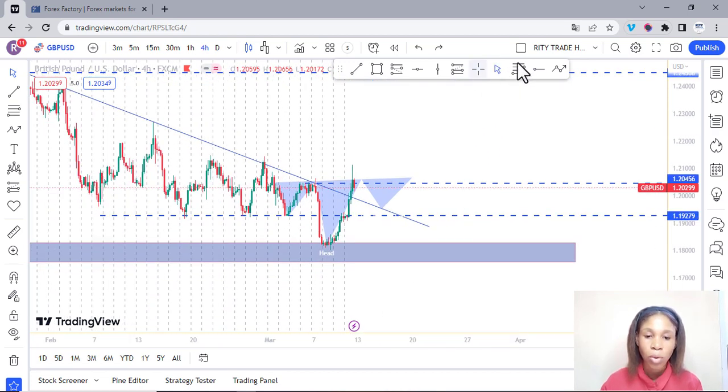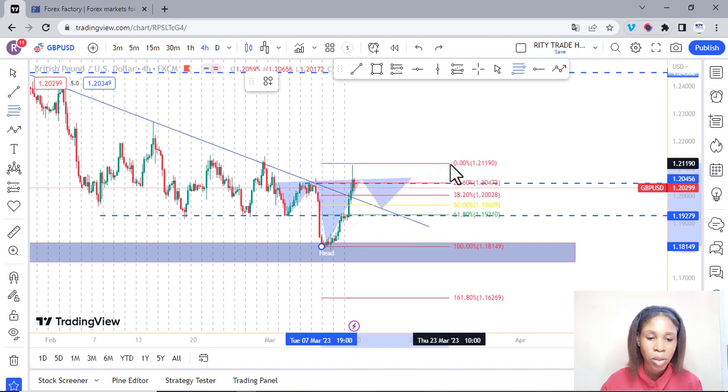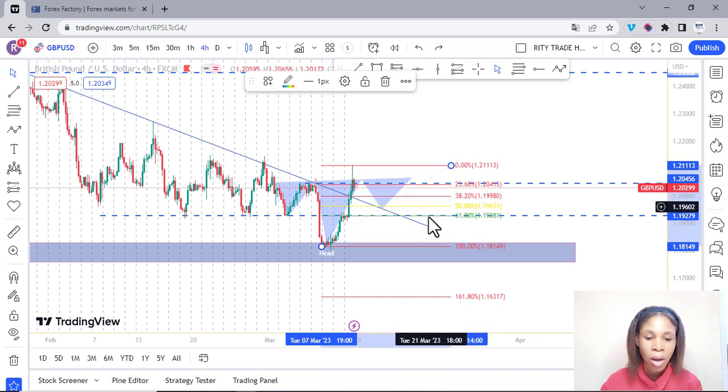So then I would also try to use my fib to get the retracement level of this trade. I hope you know how to plot your fib retracement tool. So at this point, guys, can you see that it is still around that zone?